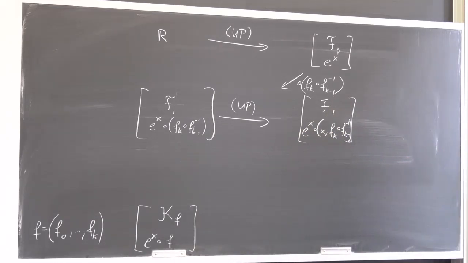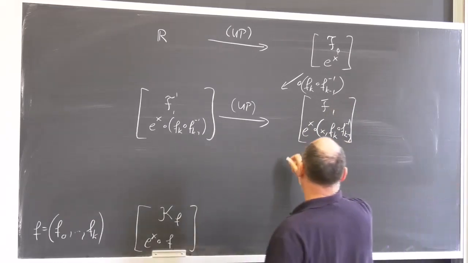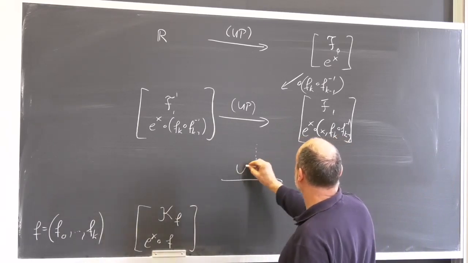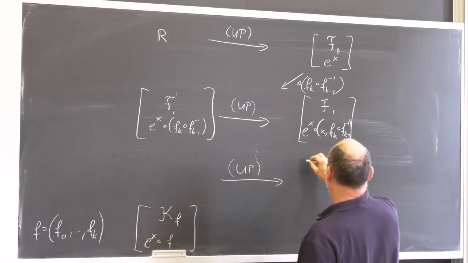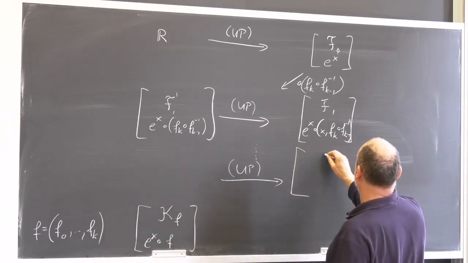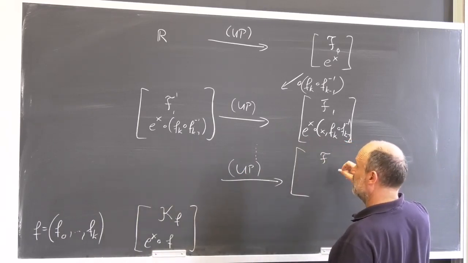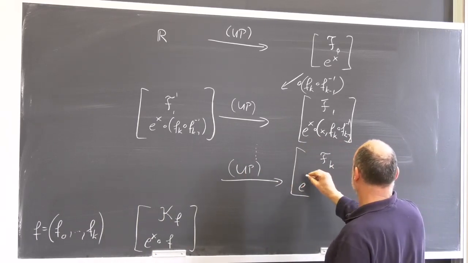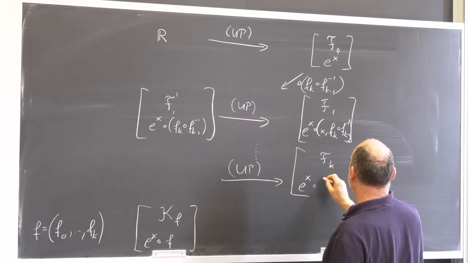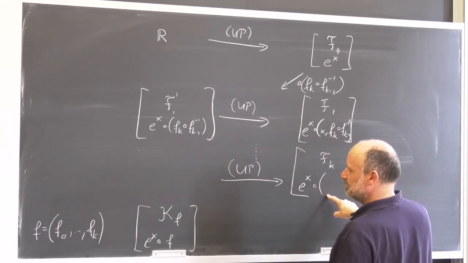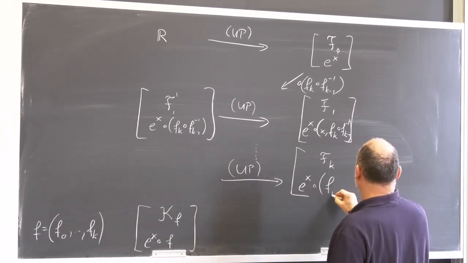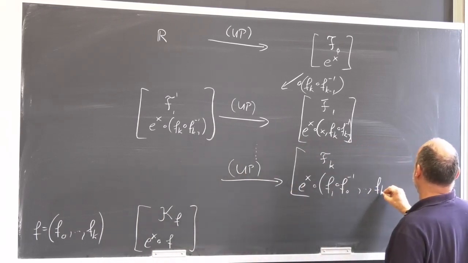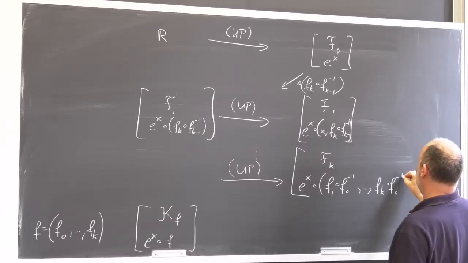Okay, and so I will iterate this until, at the last step, over here, I would find fk, I believe. Numbering is correct. And the monomials would be f1 composed with f0 inverse up to fk composed with f0 inverse.